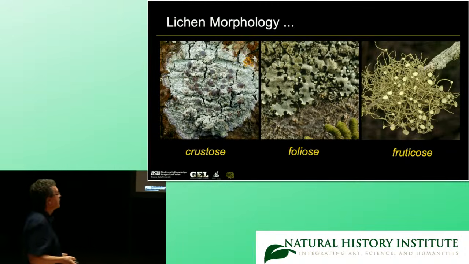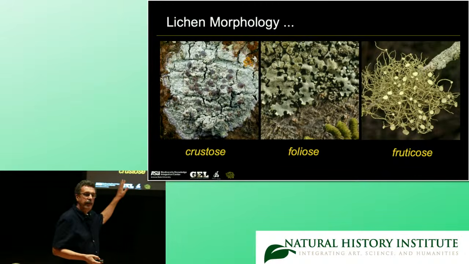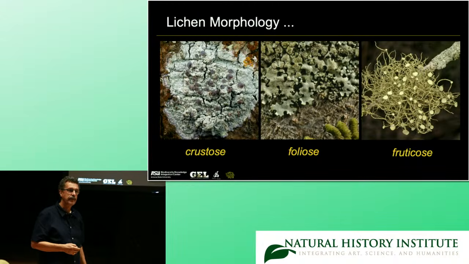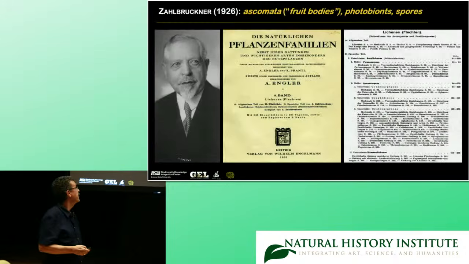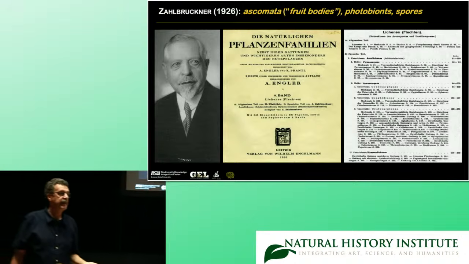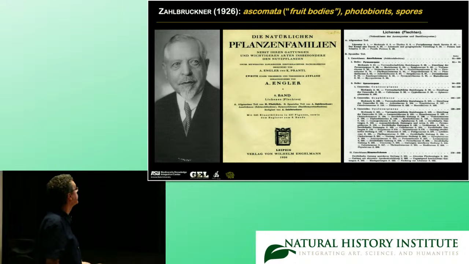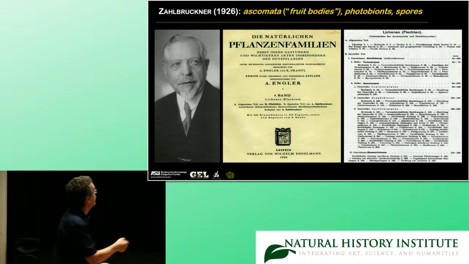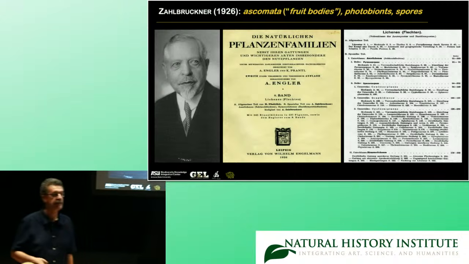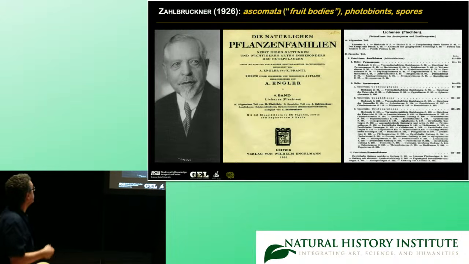But irony has it that we now know that the way they look might not necessarily tell you how they're related, right? It's all a bit more complicated. So the next guy who came up with this idea of how to classify lichens in a natural way, he wrote Die natürlichen Pflanzenfamilien, the natural plant families, was this guy, Saarbrücken.